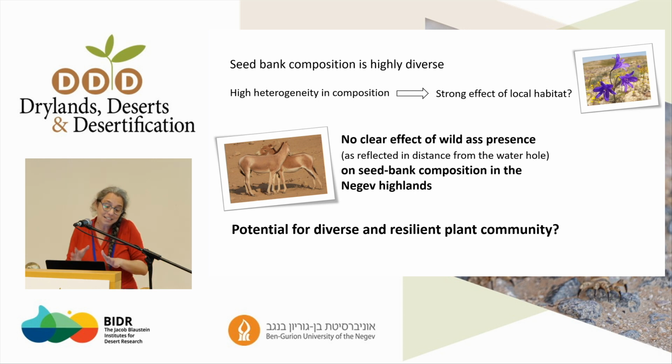I can only say that since we find 148 species in the seed bank, and this is all the usual suspects, including very rare species and very interesting species that you would expect to find in our area from historical times and from all sorts of lists that we had around, it seems that at least potentially the vegetation community of the Negev highlands is pretty much intact, at least for now.